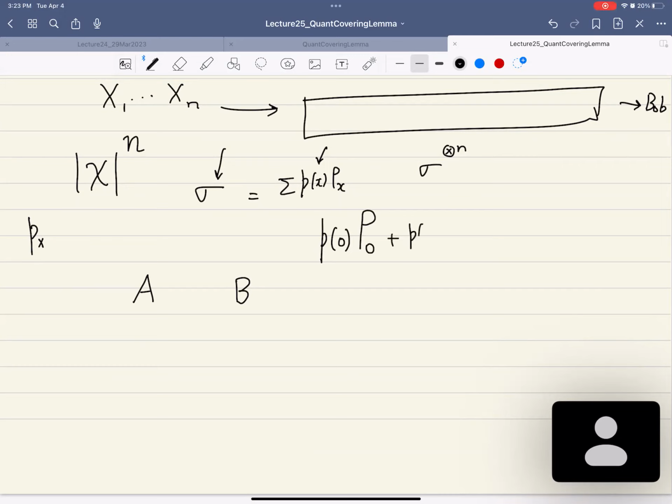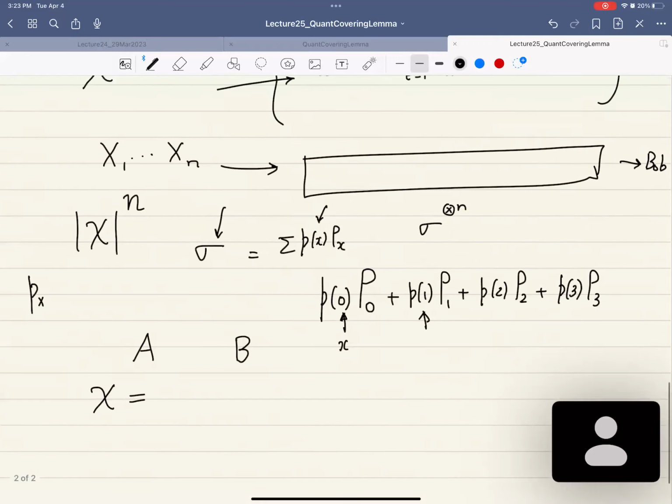He will see rho 1 with probability p1. He will see rho 2 with probability p2. And he will see rho 3 with probability p3, correct? Yeah, but this is no way associated with the x^n, right? No, these are your x's. These are your possible values.